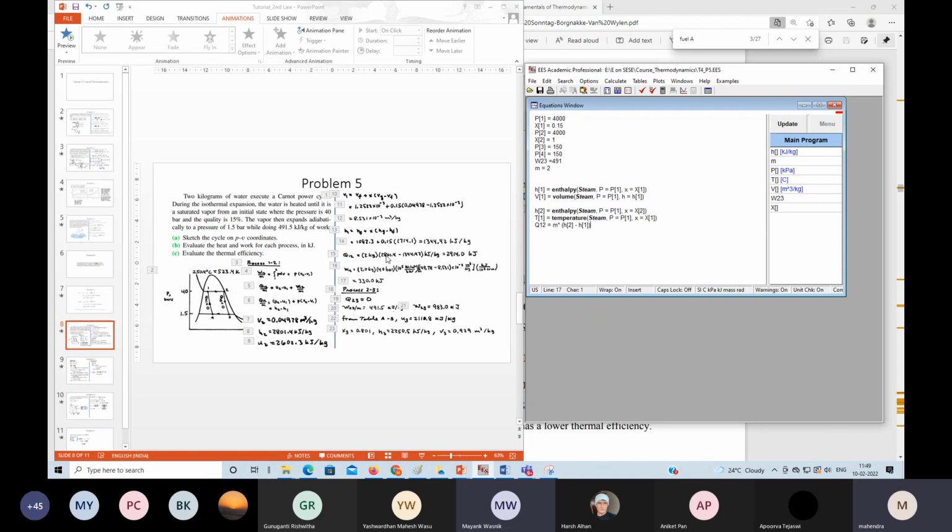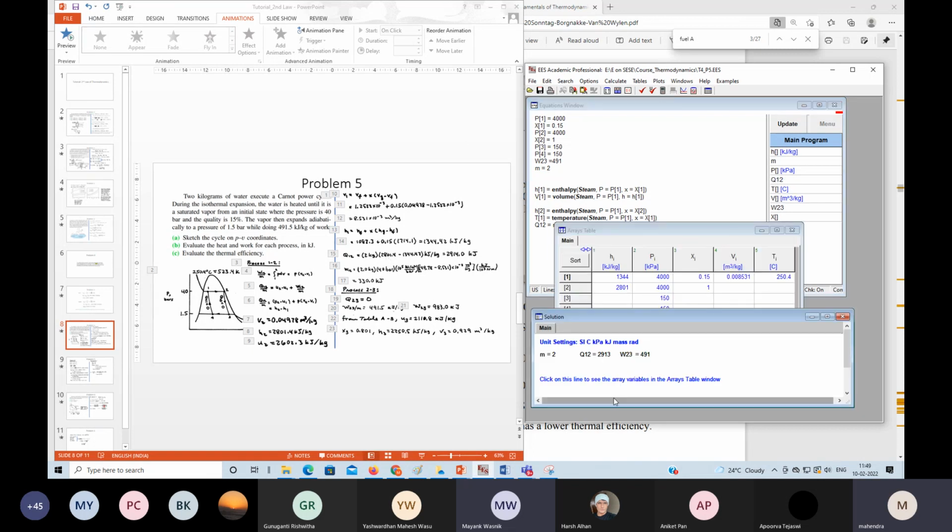Yes, this is only the formula we have. That is giving you here upon this data solution. This is Q12, means heat supply, 2913. Is it matching? Yeah, 2914. Okay, fine.